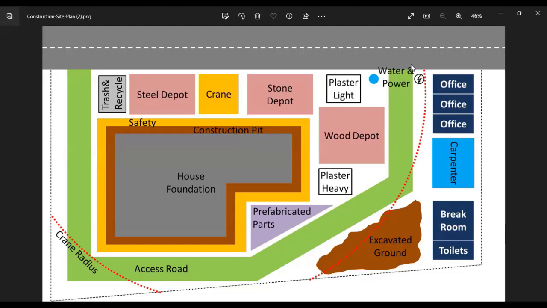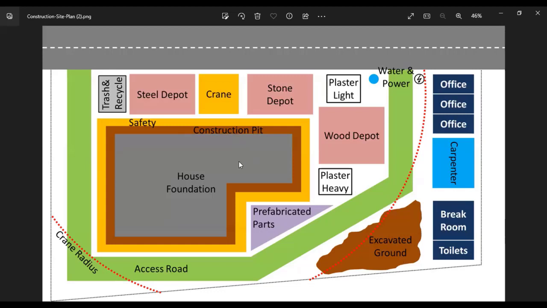And then you see water and power. We have the water, and we have the power. Then we have the office. We have 3 offices here. We have carpenters. We have a break room. Then we have the toilet. Then we have the excavated ground where you're going to put all your excavated sand.